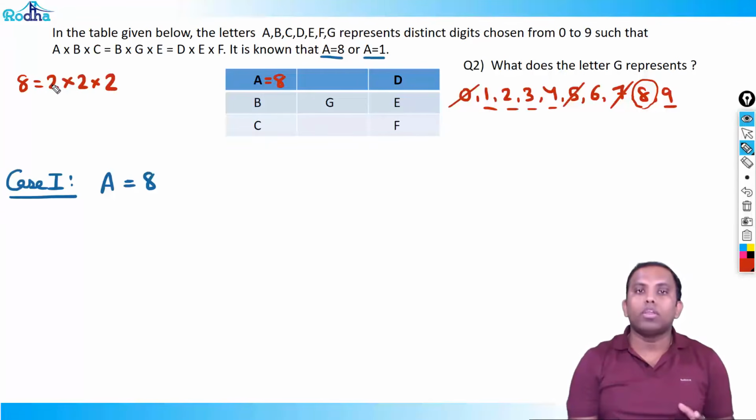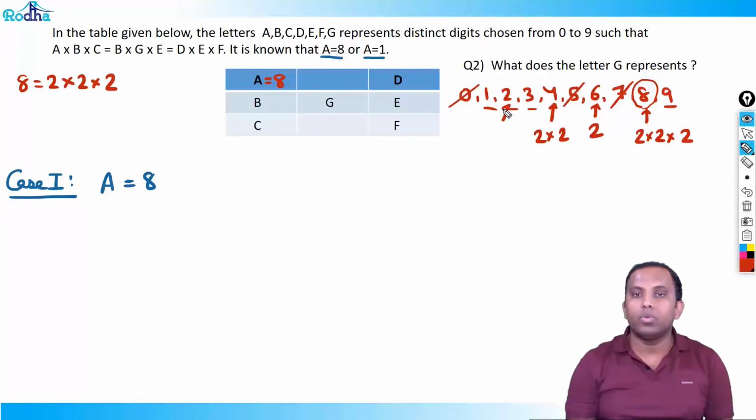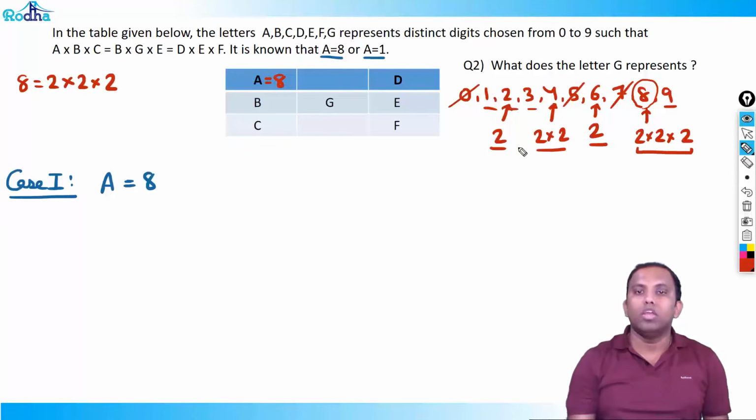So we'll see how many 2s I have. 8 has three 2s, 6 has one 2, 4 has two 2s, and 2 has one 2. Total I have 3 plus 1, 4, plus 2, 6, plus 1, 7... total I have 8 twos available. Out of the 8 twos, 3 twos I am using in the first term if A is equal to 8.